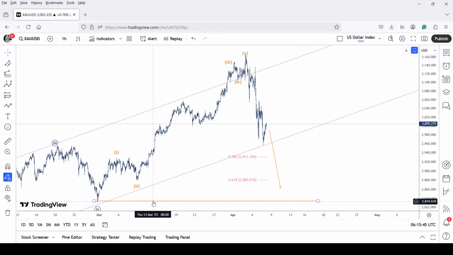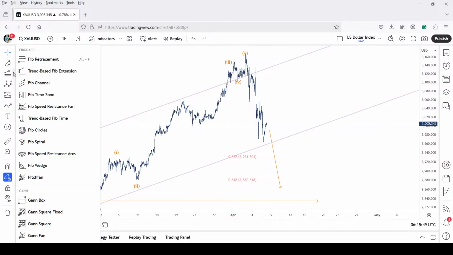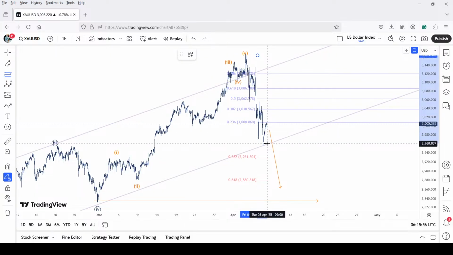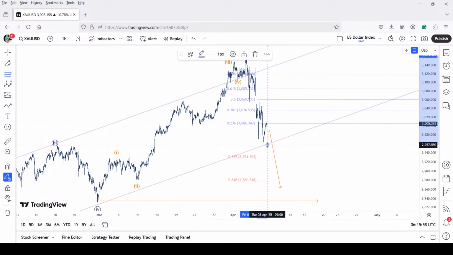We would be inclined to sell around slightly higher levels, not right now, but possibly towards 3030, 3050. Those are the levels where we would be more inclined to initiate short positions again.